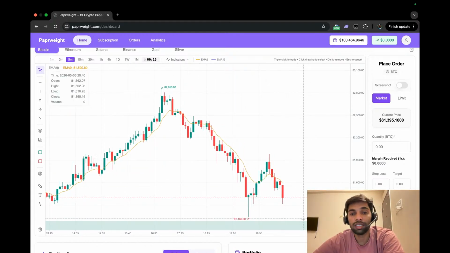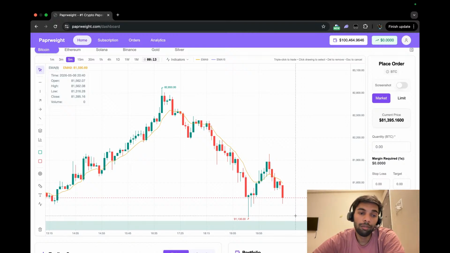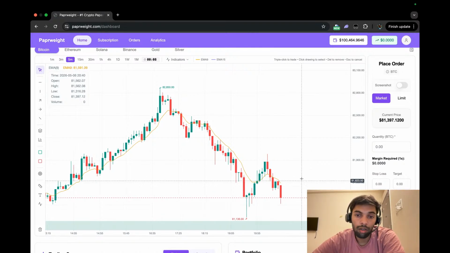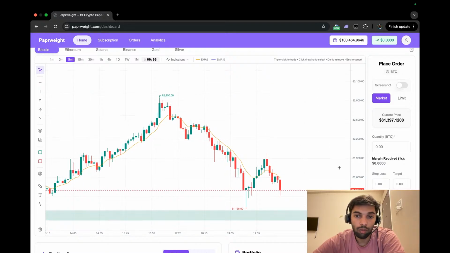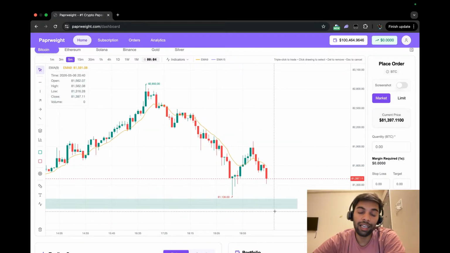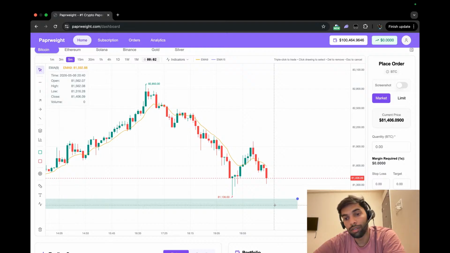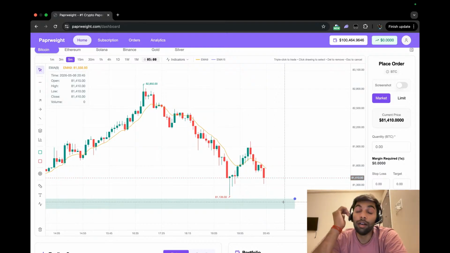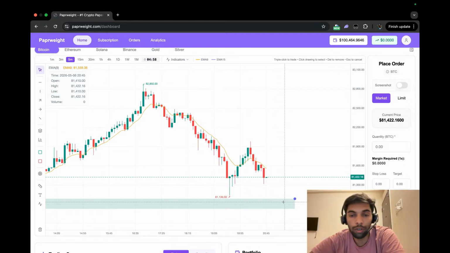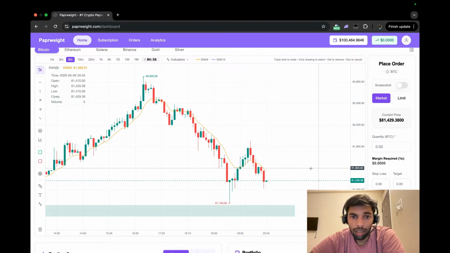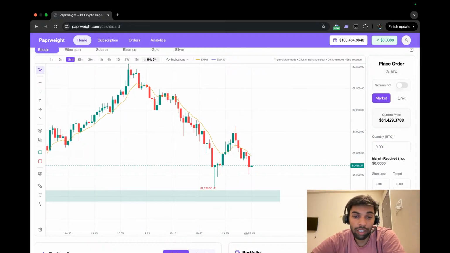So there is a chance that the market can make another 200 to 300 points move in the downward direction, and then it will react according to this buying area. So there is a scalping opportunity in the downward direction actually.